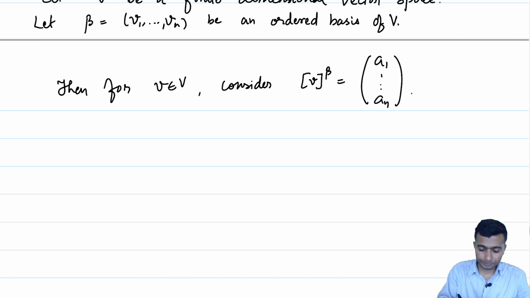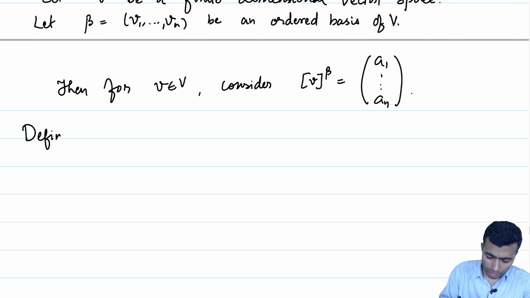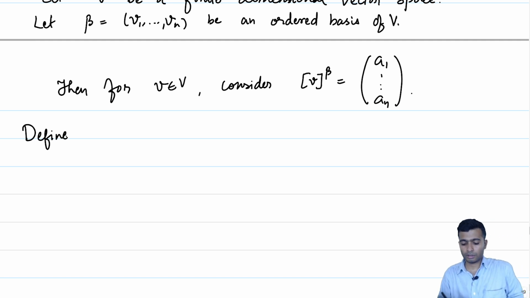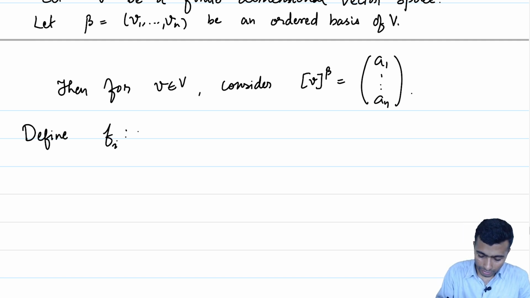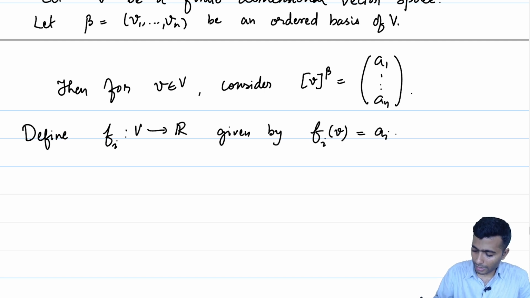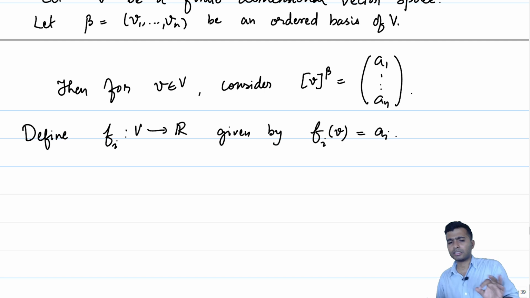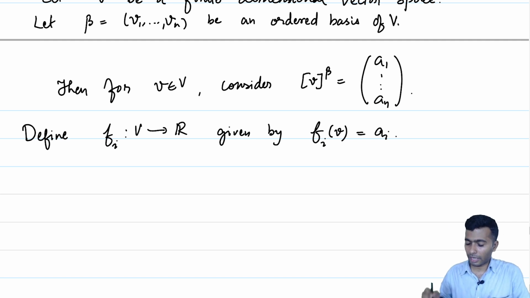Now, let us define fi from V into R given by fi of v is equal to ai. It is an easy check to show that fi is a linear map.